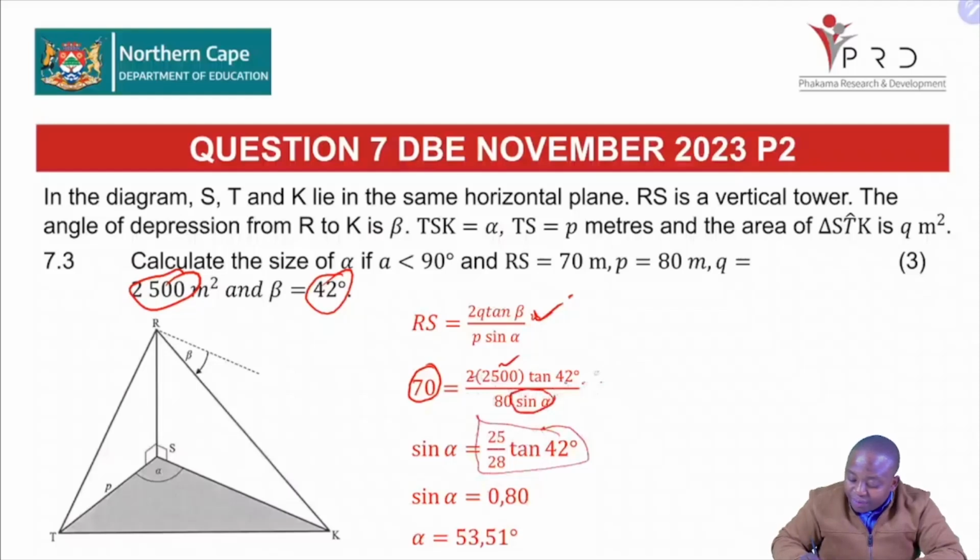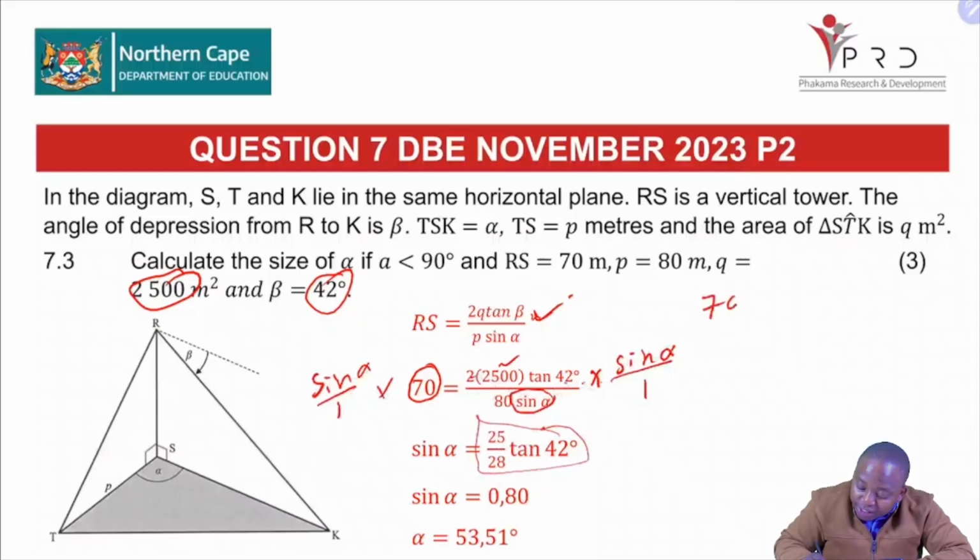Remember, how do we work around this one? To make it easy, I can multiply by sine alpha over 1. What am I going to get? We're going to get 70 sine alpha equals 2 into 2,500 tan 42.